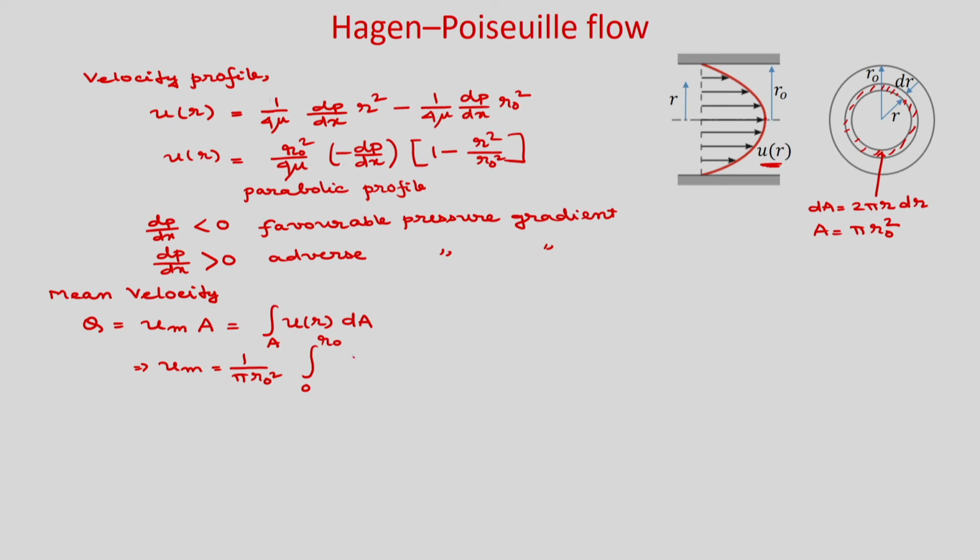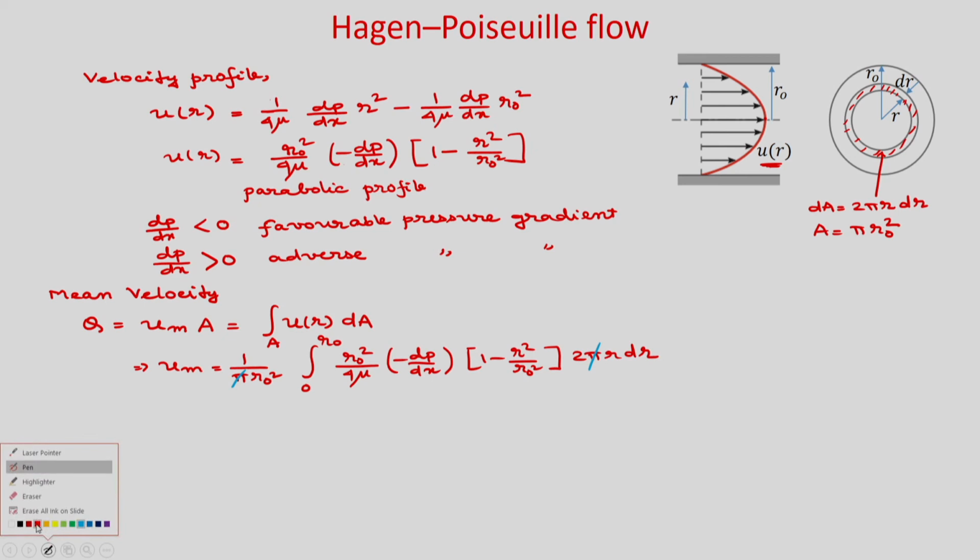What is u(r)? u(r) is r naught square by 4 mu, minus dp by dx, into 1 minus r square by r naught square, and dA is 2 pi r dr. So, the pi cancels, and the r naught square also cancels because it is constant.